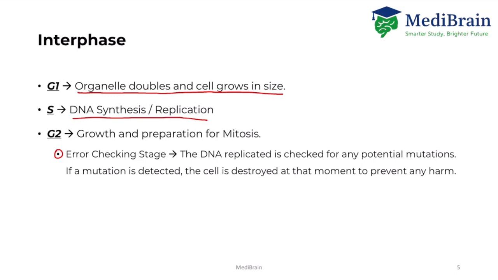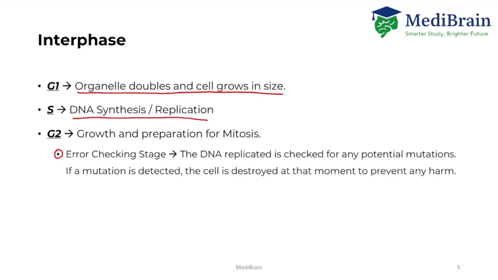So it's really important that before mitosis occurs, you check if there are any mutations within the DNA. Has the DNA replicated correctly, or has there been some errors in the replication of DNA? You need to check whether the DNA is still intact, if it's still providing the function that we need, and if it still has the sequence of amino acids that we want it to have.